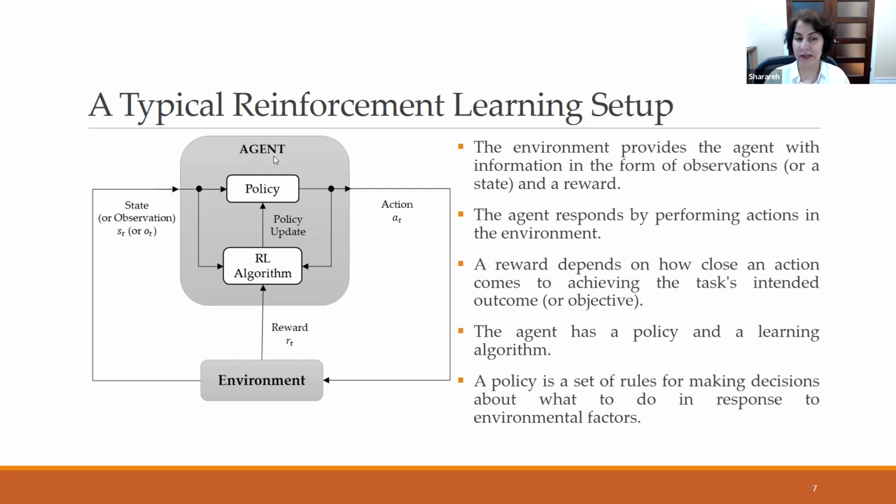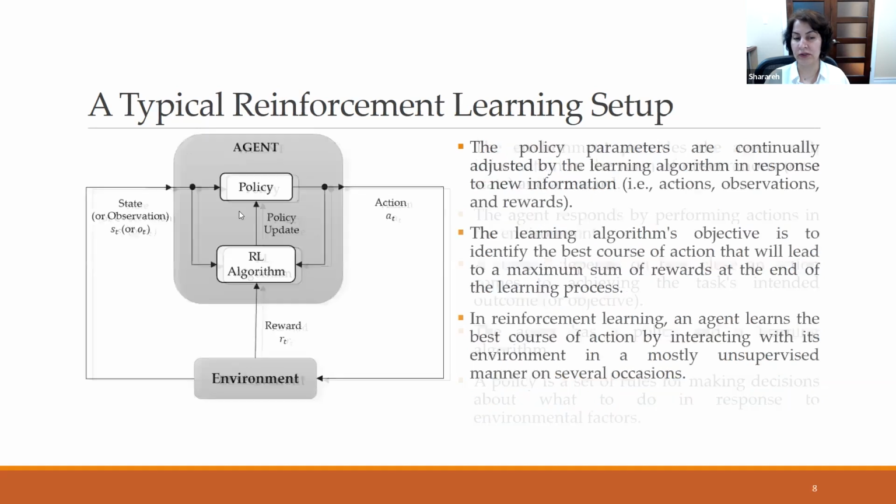So the agent has two components. One of them is the policy, which is the set of rules used for decision making. The other is the machine learning and RL-based algorithm, which is used to update the policy on a continuous basis. This RL algorithm continually updates the policy based on the new information received in the form of actions, observations, and rewards.